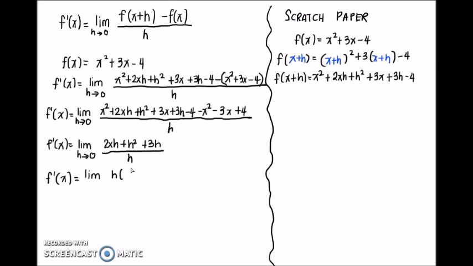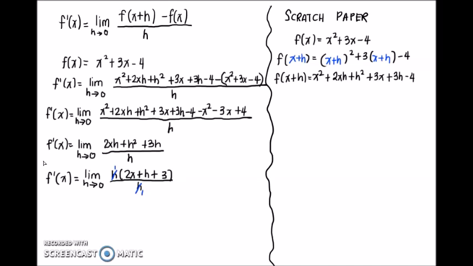So h times 2x plus h squared will become h, plus 3h will become 3, all over h, as h approaches 0. And from there, you could see that we could cancel common factors. So anong common nila? Pareho ang numerator and denominator na merong h. So we cancel that out.